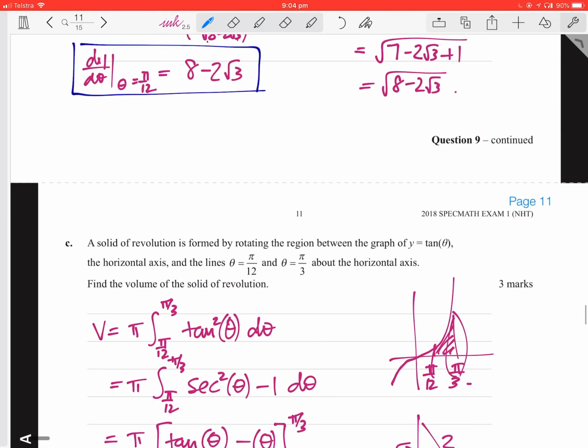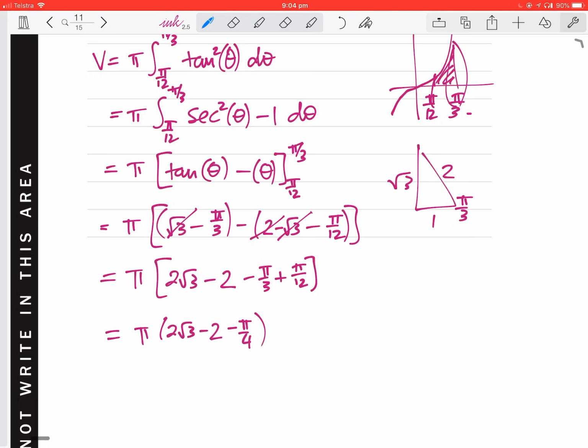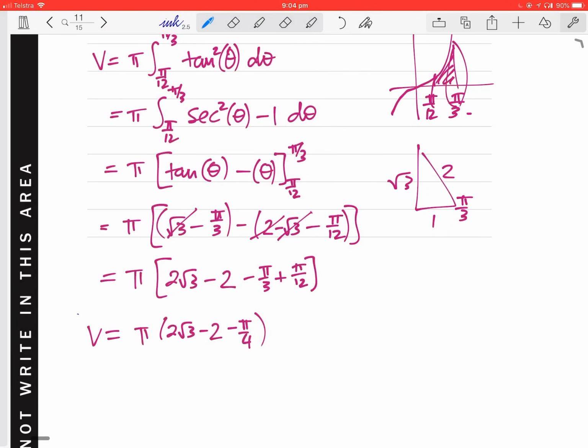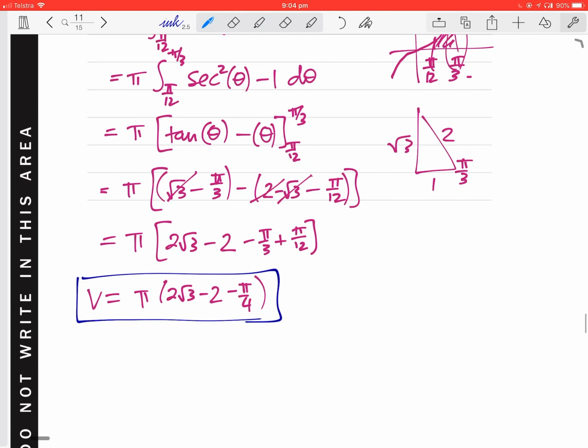Does that look right? Is it even positive? It's not going to be that big an area, is it? Because we know tan's pretty flat. What's 2 root 3? 2 times 1.7, minus 2, minus pi on 4, let's say it's 0.75.